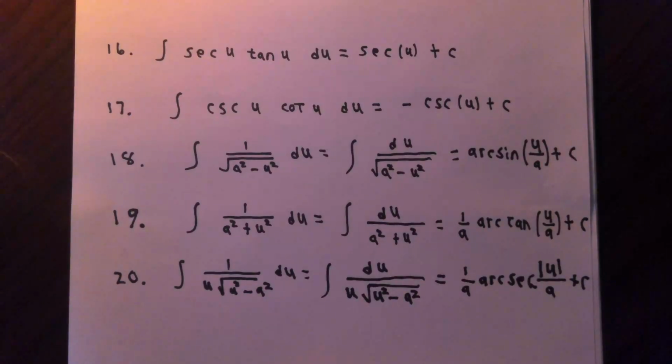If a is a positive constant, we know how to do integrals of 1 over square root of a squared minus u squared, the integral of 1 over a squared plus u squared, and the integral of 1 over u times the square root of u squared minus a squared.